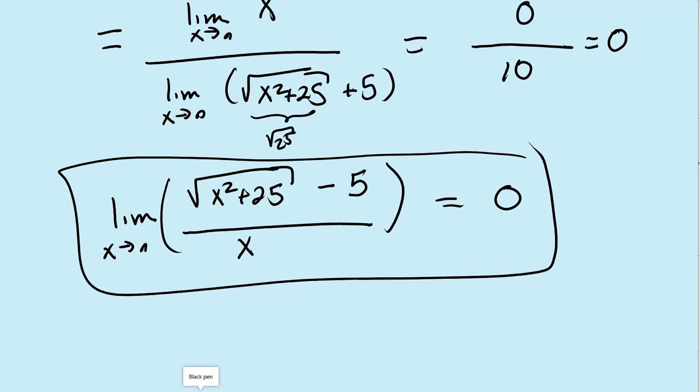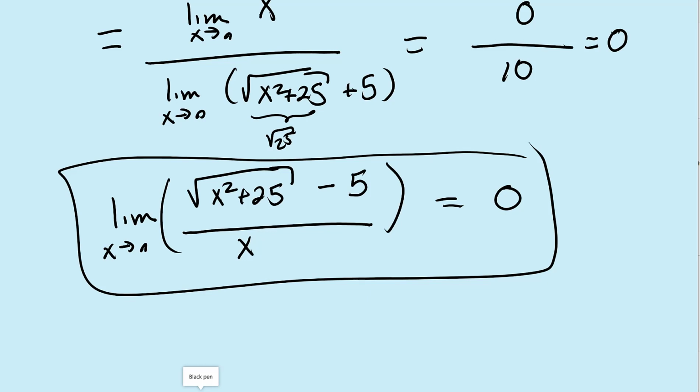So again, what we've done here is we took a relatively complicated function that had a square root and had division by what looked like 0 because we were taking x to 0. We simplified it using a couple of steps. Most importantly, we multiplied and divided by the same factor, so that we were basically multiplying by the number 1.